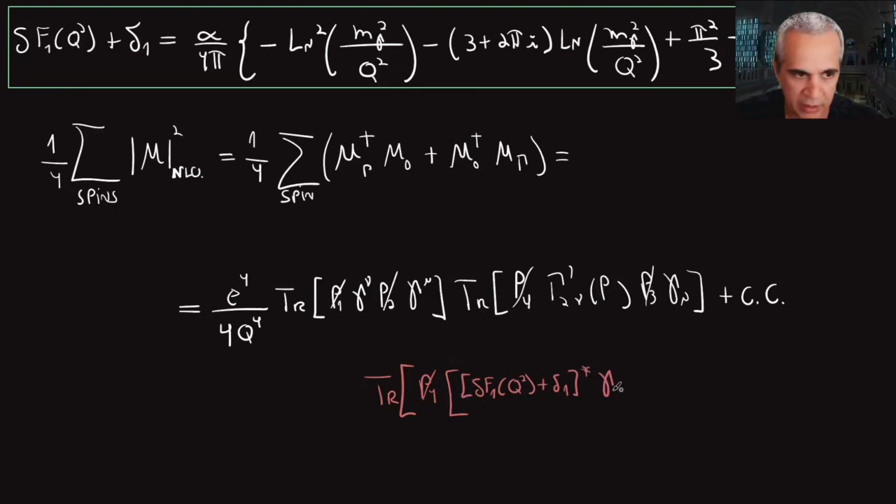Because gamma nu that appears in here is already, in order to build the trace, I already took the dagger of that. And I also have some other part, also complex conjugate, delta F2 times sigma alpha nu here.